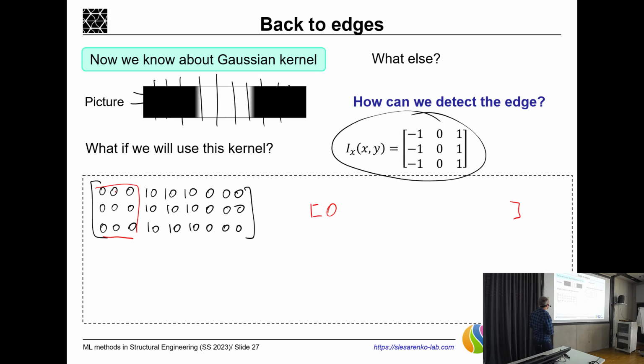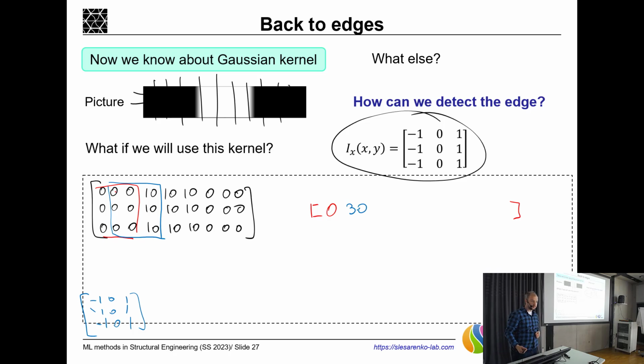What about the second element? Now we're shifting our window one step to the right, multiplying again by -1, 0, 1, in each row. What would be the result of the convolution of this filter on top of these values? 30, exactly.